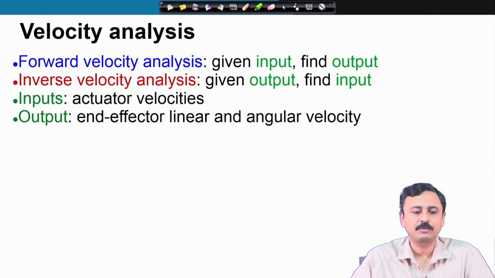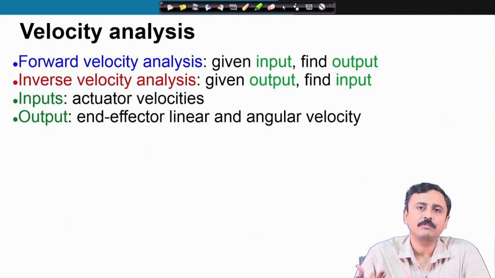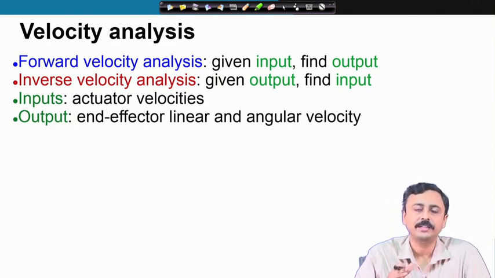Now, as we have discussed before, the forward velocity analysis problem is about finding out the velocity of the output link. In the case of robotic manipulators, this is the end effector. So, the velocity vector at the end effector, the orientation rate of the end effector in terms of the input velocity, which are the actuator rates.